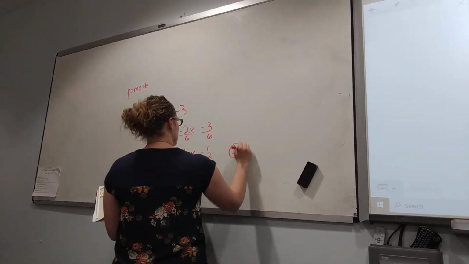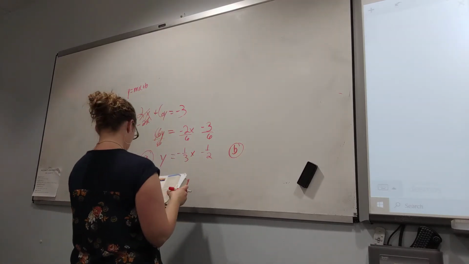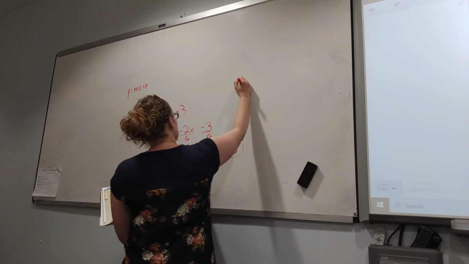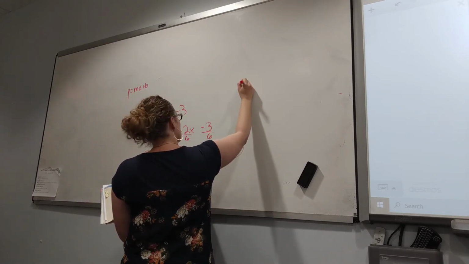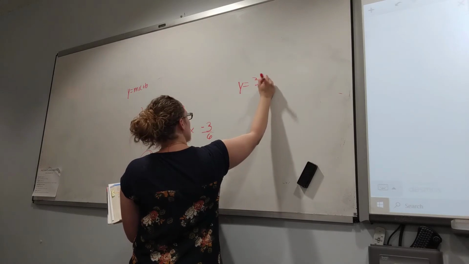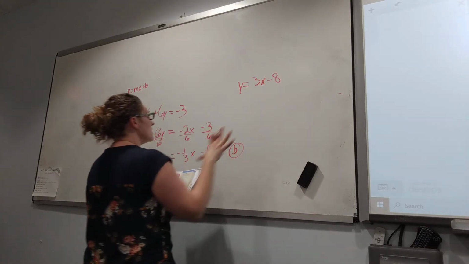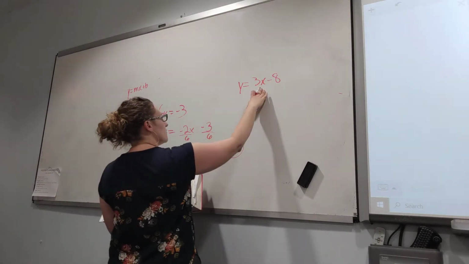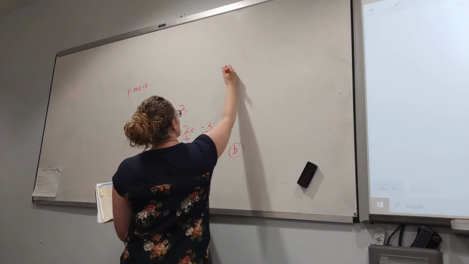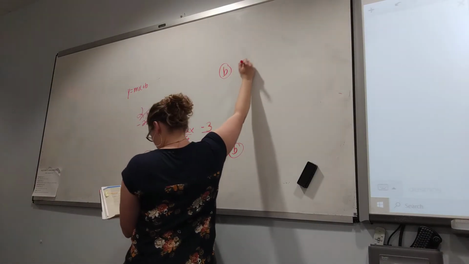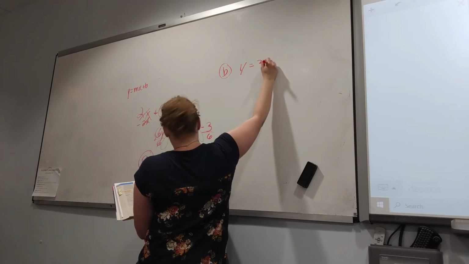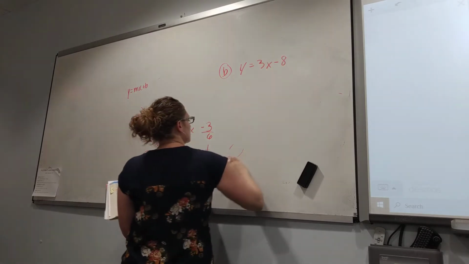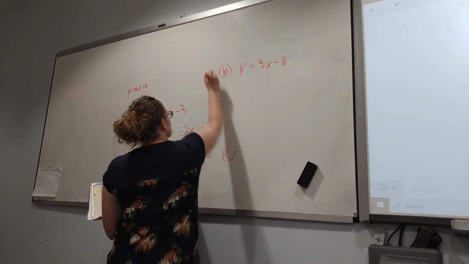This will be B, and I will have to put C somewhere else. B is y equals 3x. It's all moving around numbers. Oh wait, B's already done for me. So I'll put B up here, and I'll put C right here.